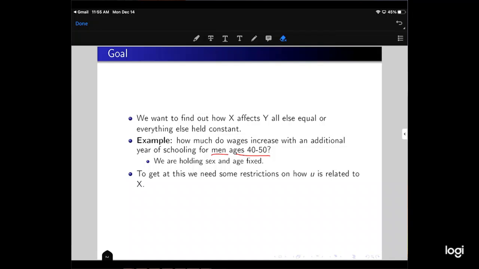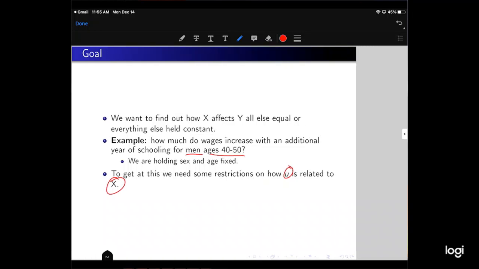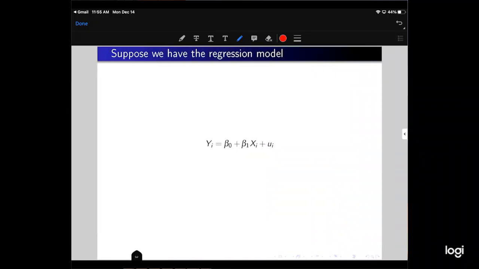To get at this, we need some restrictions on how the error term u is related to the independent variable x. Suppose we have this regression model, yi equals beta 0 plus beta 1 xi plus ui. Note that these are just the variables in our data set, and they're all indexed by the rows in our data.